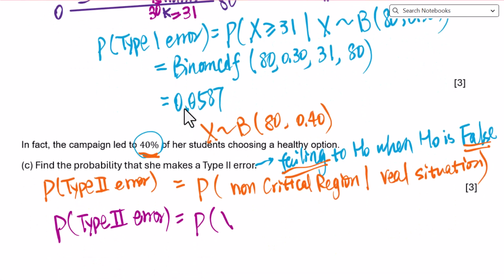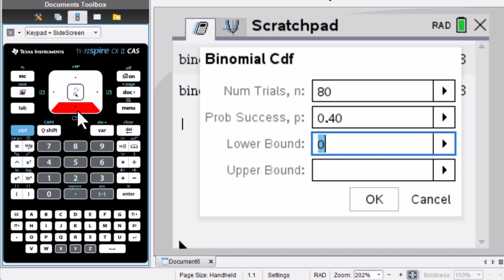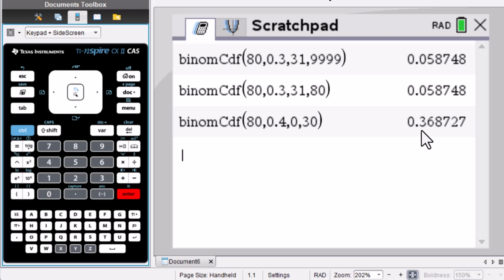X less than or equal to 30, given that X follows binomial distribution with 80 as the sample size, 0.40 as the probability of success. Lower bound is 0, upper bound is 30. Enter, enter. Answer is 0.369.